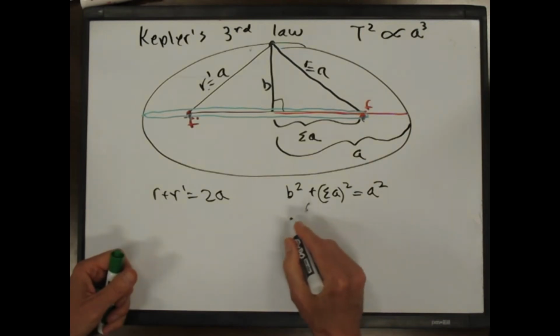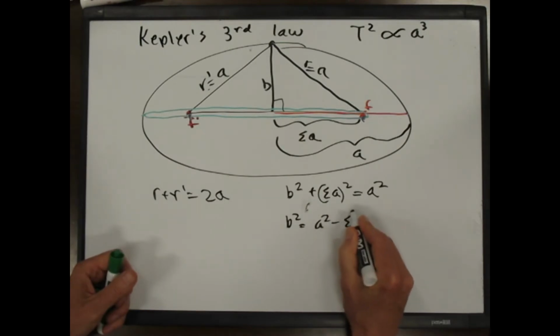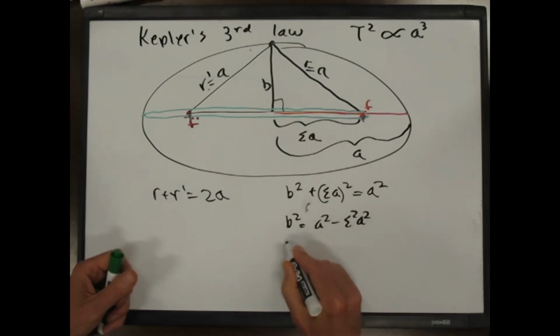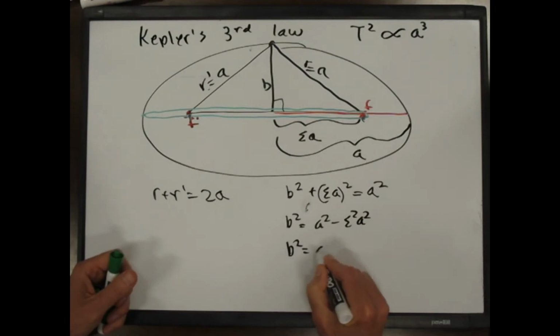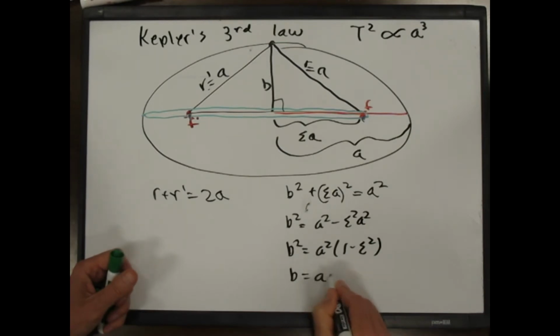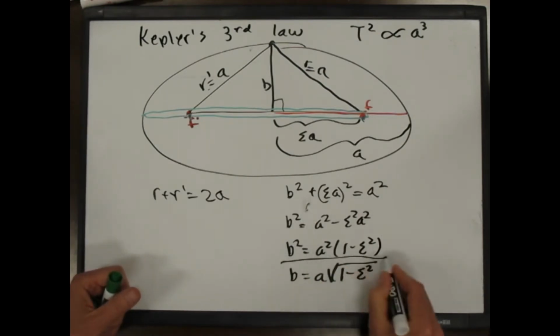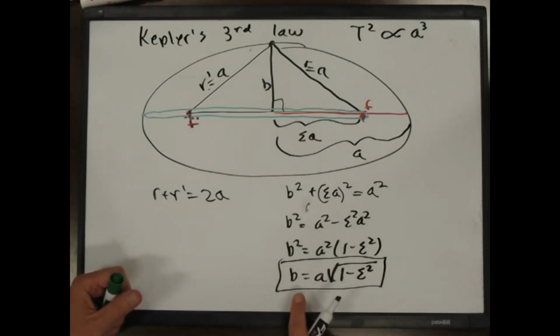And so that means that b squared is equal to a squared minus epsilon squared a squared, or b squared is equal to a squared times 1 minus epsilon squared, or b is equal to a times the square root of 1 minus epsilon squared. And so that's what the semi-minor axis of an ellipse is.